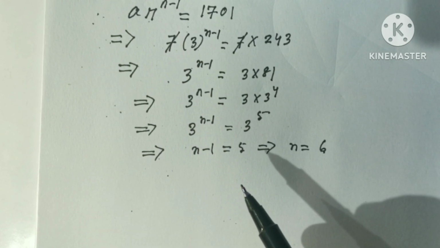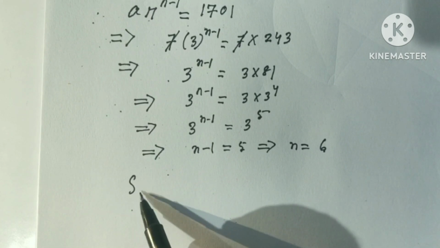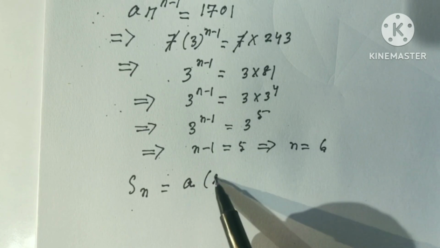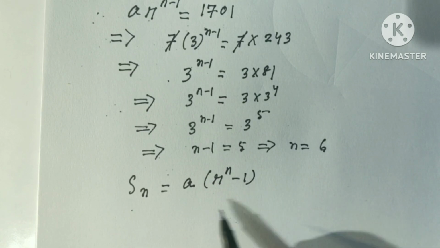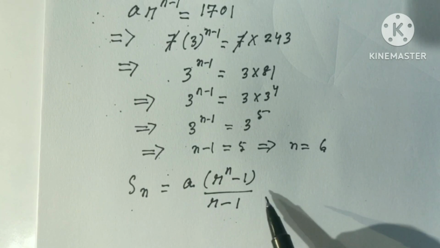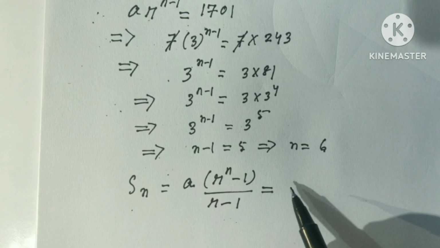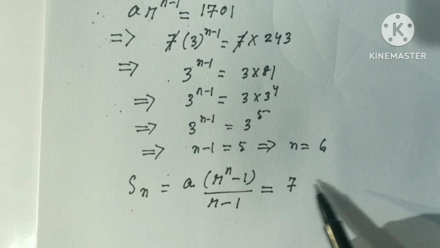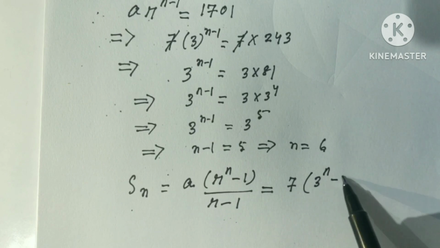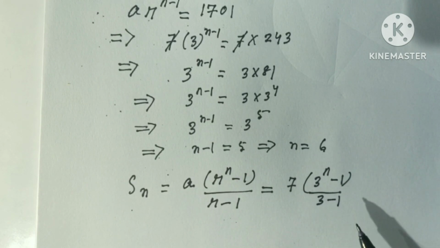Next, I have to find sum of n terms. So formula for sum of n terms is A times r to the power n minus 1 by r minus 1. A is 7, 3 to the power n minus 1 by 3 minus 1.